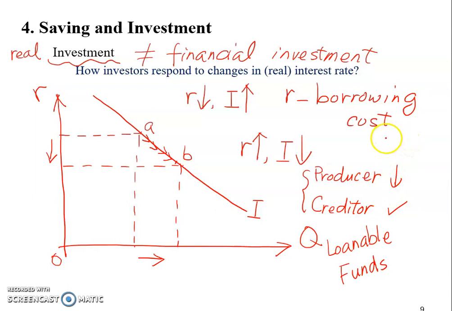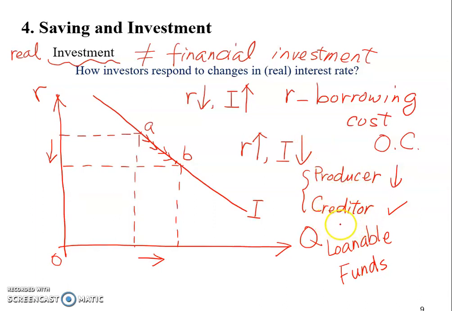So here we would give a more general definition of R, the real interest rate, which is the opportunity cost, as we mentioned in chapter 1. Because the opportunity cost says how much you can get from your second best choice, right?